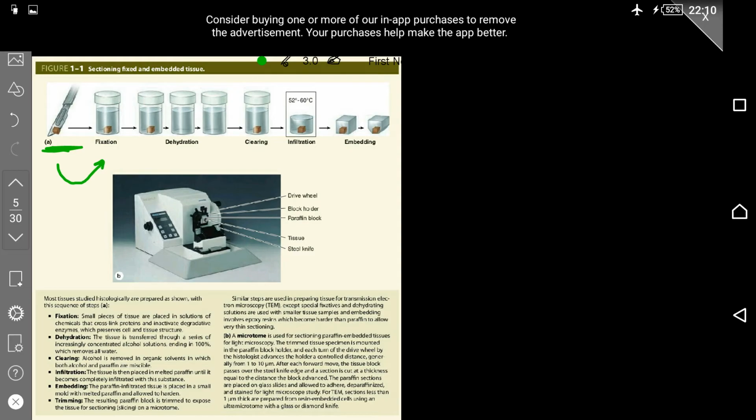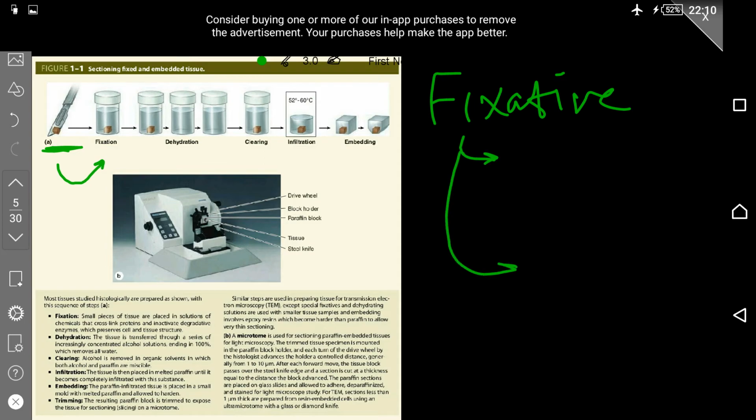So as said, there is a fixative that is used in this fixation step. Fixatives are chemical solutions, and they are different for electron microscopy and light microscopy.